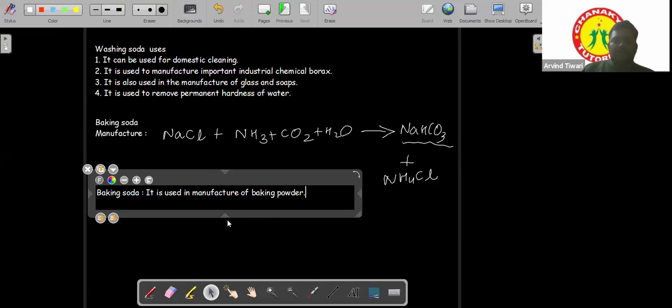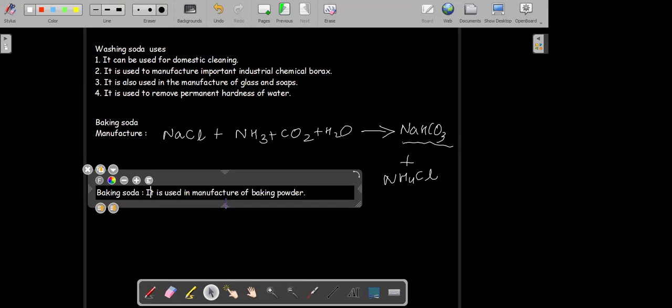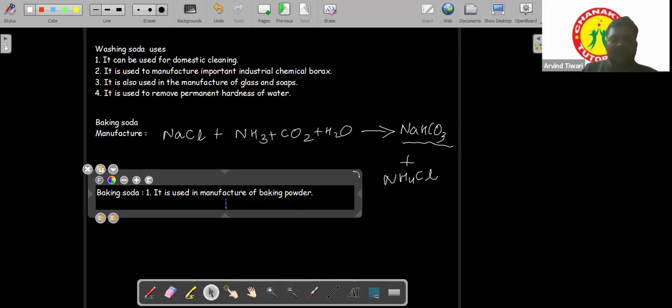Okay. Let's see the other uses. Any other use you can think of? Sir, antacid. Yes, it can be used as an antacid. As we discussed about the salts, even salts can be acidic or basic in nature. Okay. So sodium hydrogen carbonate or baking soda is basic in nature.